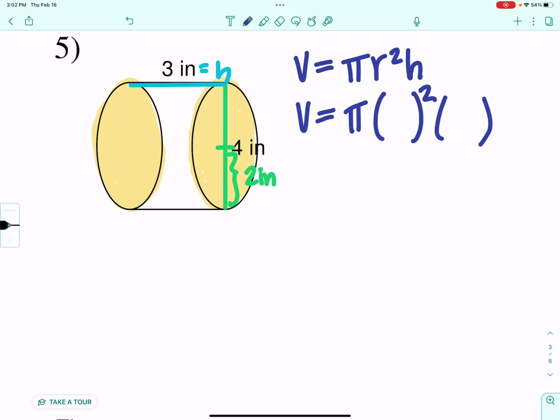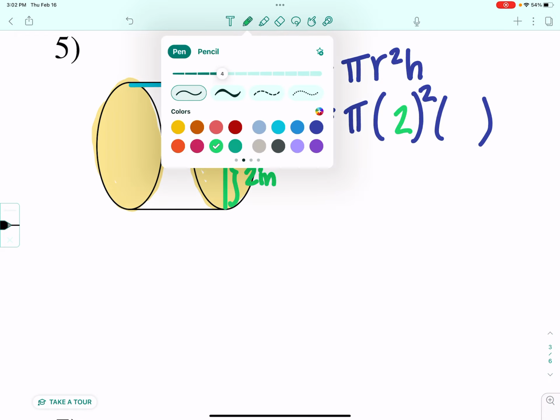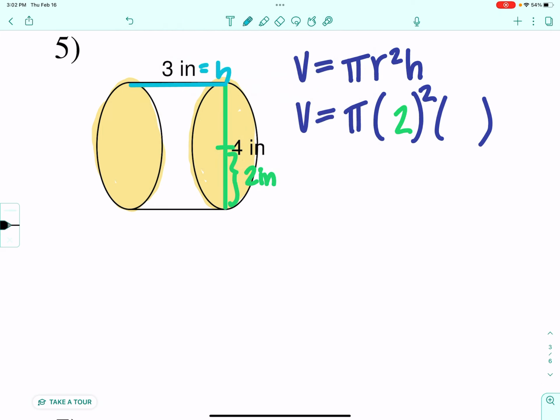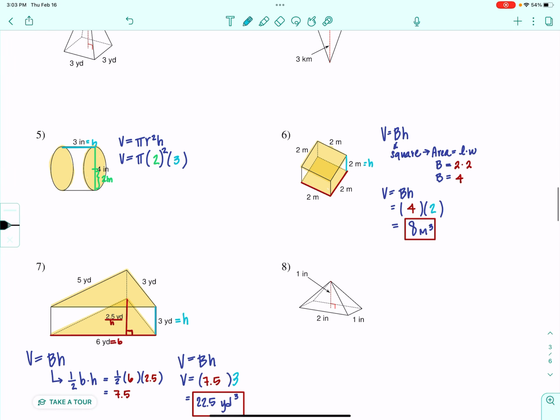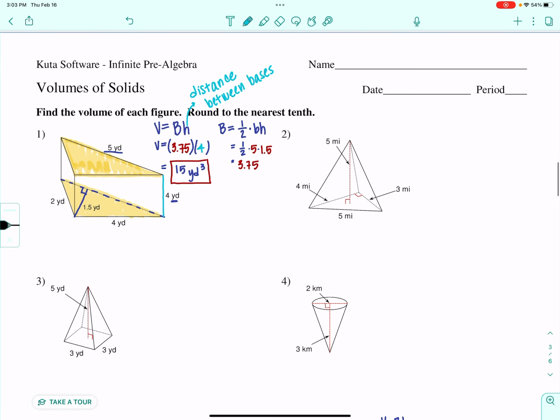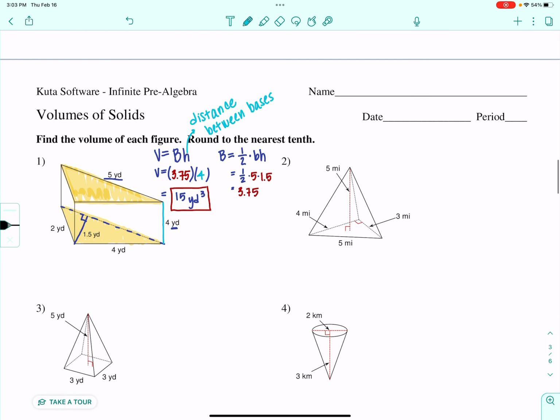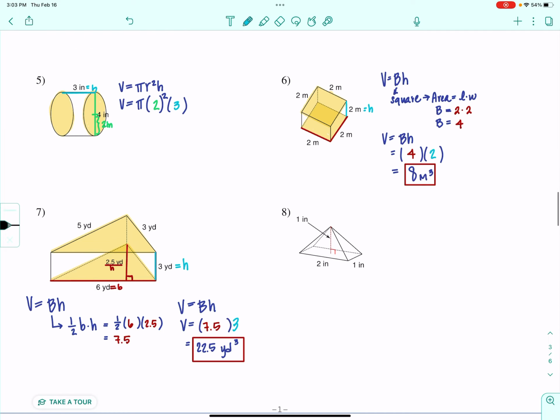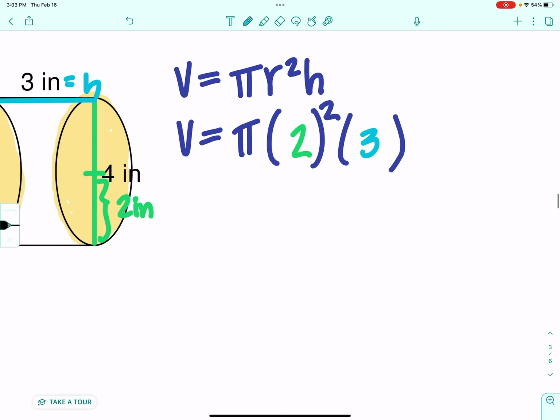So my radius was 2. And the height was 3. And let's see if they gave us a specific value for pi. It just says to find the volume, round to the nearest tenth. So we are going to use 3.14 for pi.